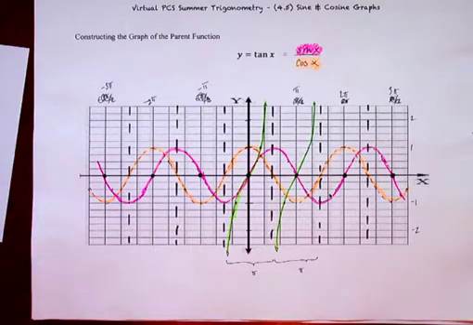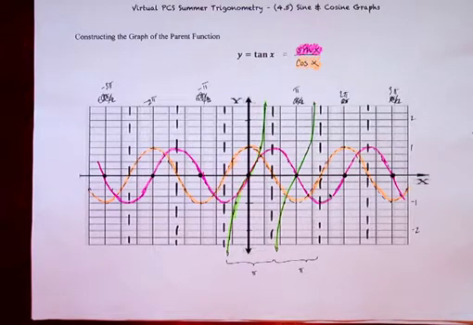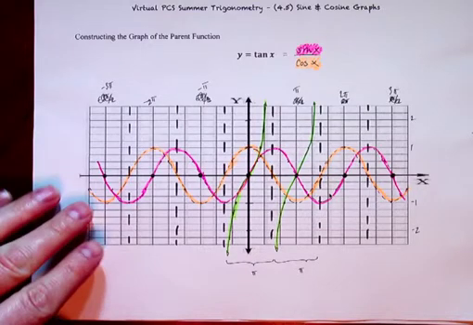Those are the points that you're going to want to grab onto and move and shape, and then, of course, extrapolate from there according to the period where those points recur to the left and to the right. Now, I think you'll understand a little bit more about what I'm talking about when we actually do this.